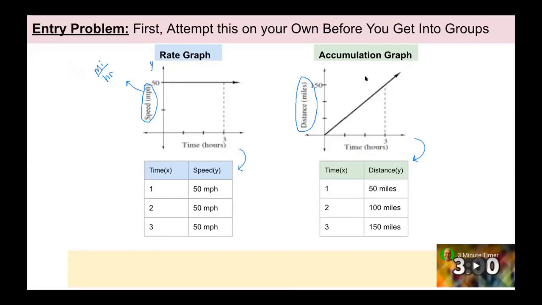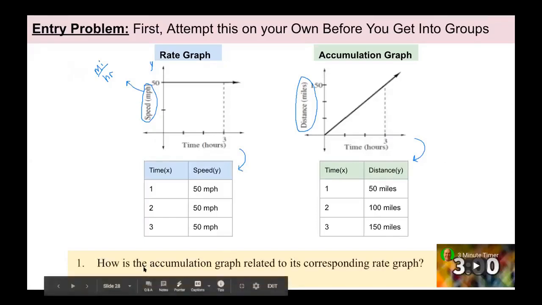So right now what I did is I defined a rate and accumulation graph, and here's the part that I'd like you to do independently for the next 3 minutes. Here are the questions that you'll be answering in your group, but for now I want you to answer independently. Number 1: How is the accumulation graph related to its corresponding rate graph?